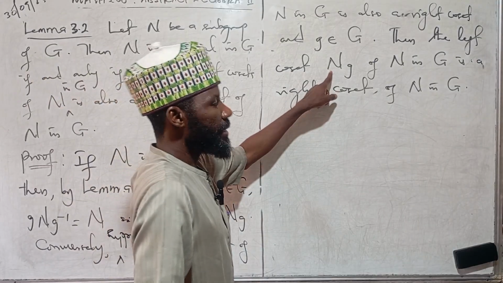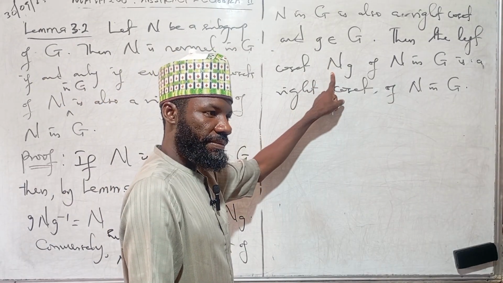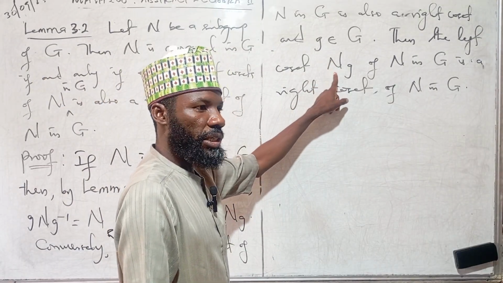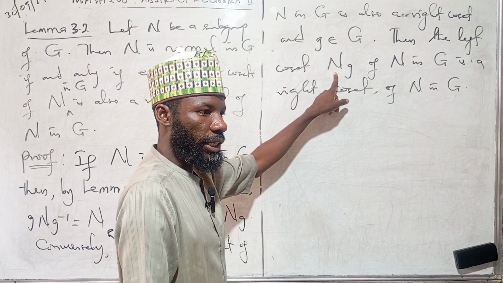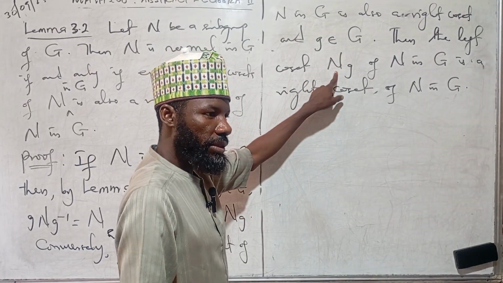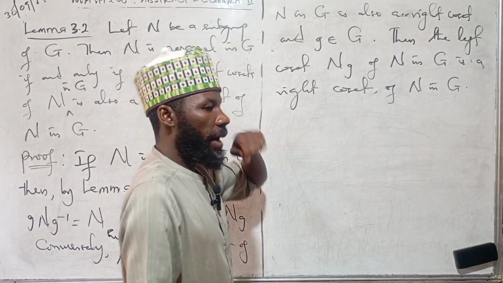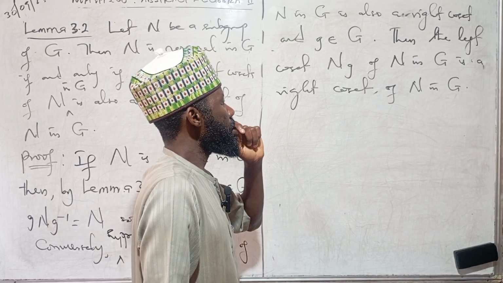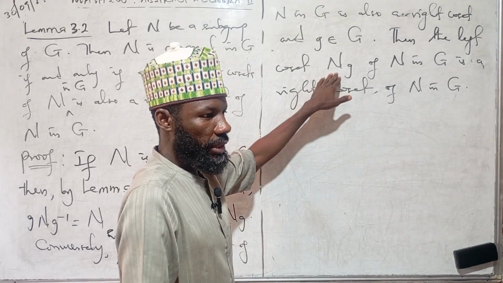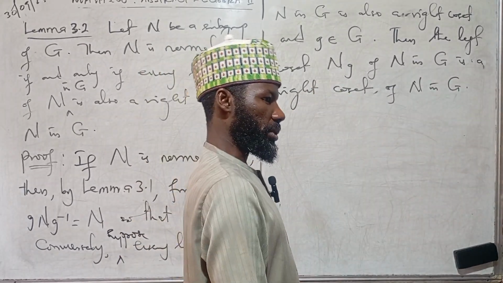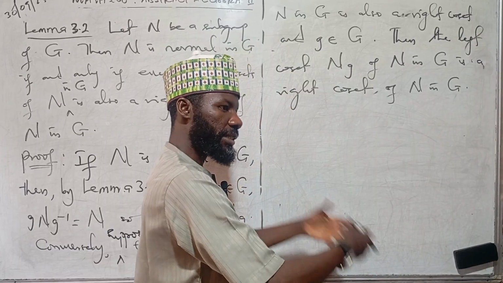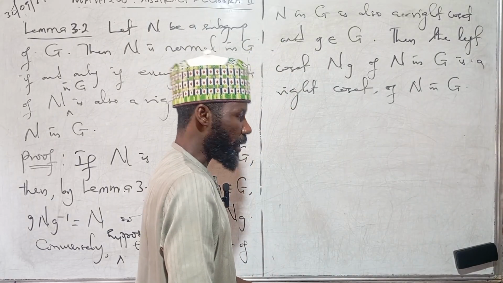Well, since g is an element here, g is contained in the left coset generated by g. So since g is in this coset, and it is a right coset, it means g is in that right coset. Whatever right coset it is, it contains g. Are you following?